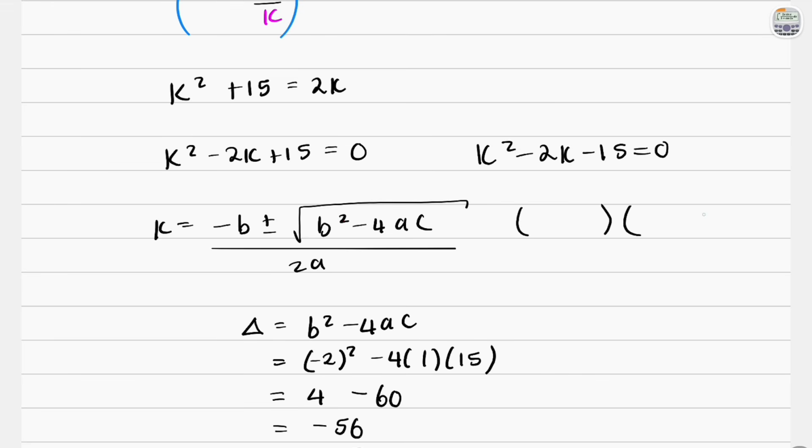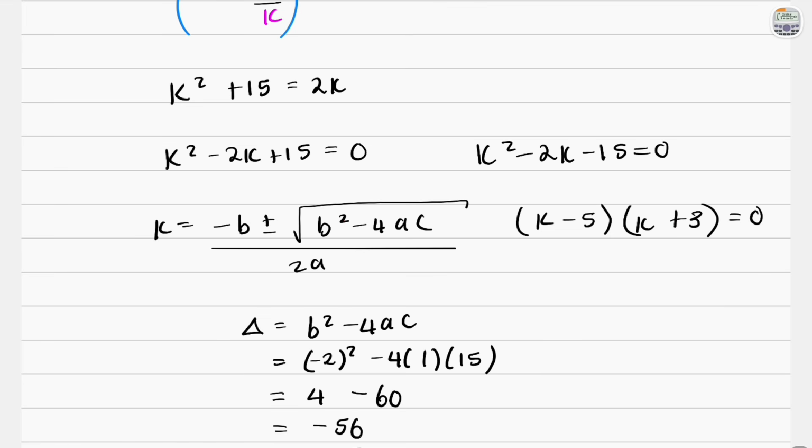Our factors would be k, and then factors of 15, 5 and 3. This would work because it must be negative 15 at the end of the day. If you make the 5 negative and the 3 positive, negative 5 plus 3 is negative 2, and there we get the middle coefficient. So minus 5 and plus 3.